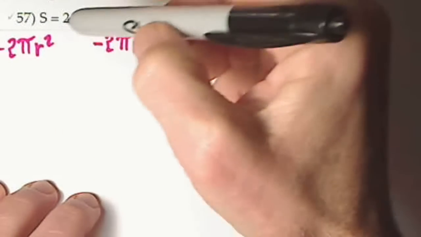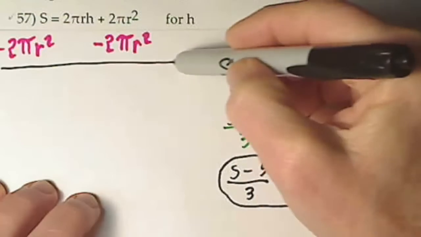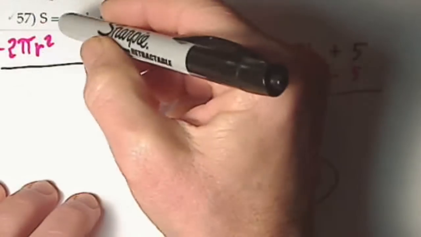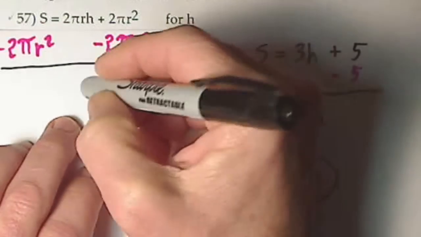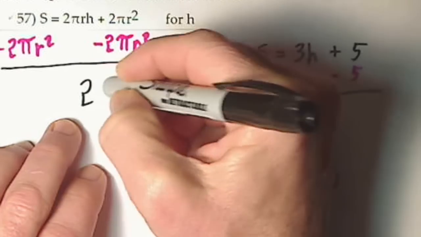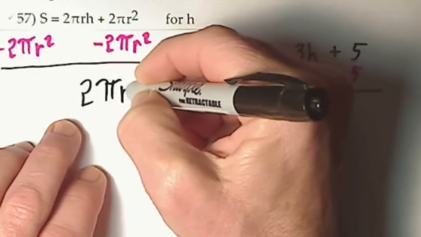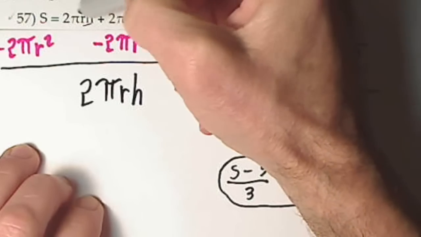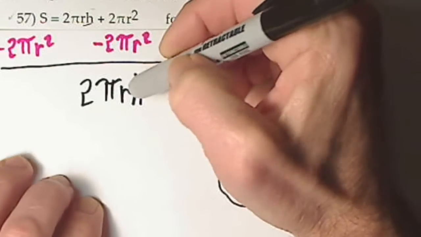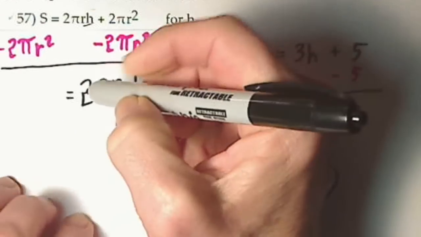Then I draw a line under this and bring down what's left. I have 2 pi rh. I'll need a little more room here, so 2 pi rh. That's this part of the equation right here now. Here's our equal sign.